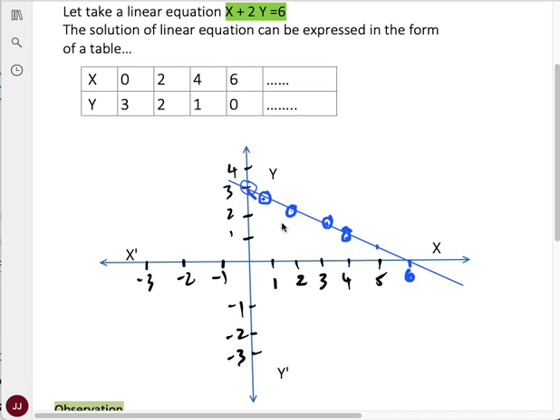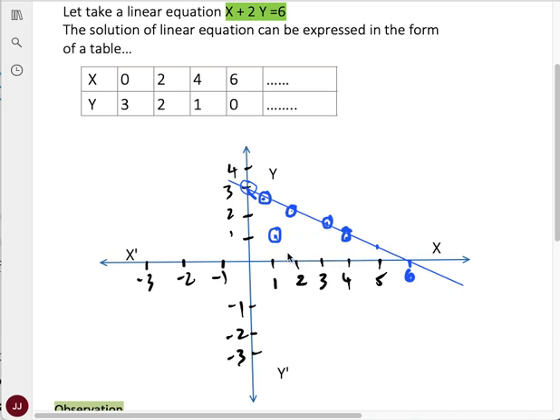And if you take any other point, suppose here 1 comma 1, any point outside the line, then you will notice that it won't satisfy our given equation. You can take another point and check.